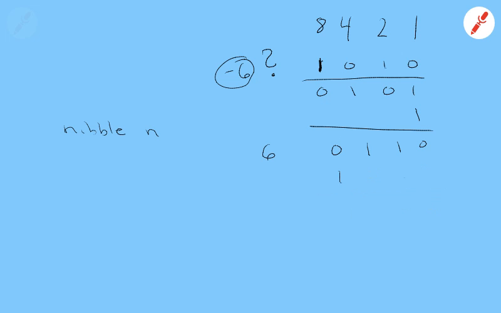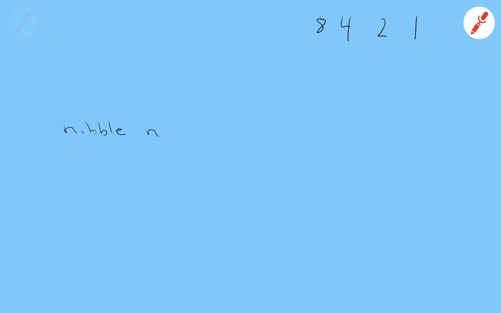I'm going to erase some of this. 16, 32, 64, 128. So we don't have a nibble anymore. If we were working in Java, we would have a byte or 8 bits of space. In C, we would have a char.